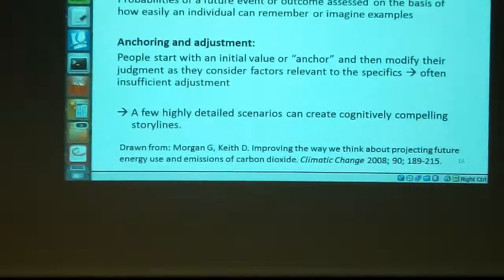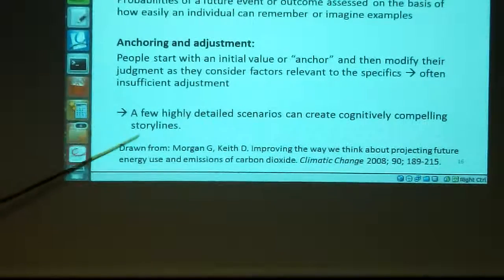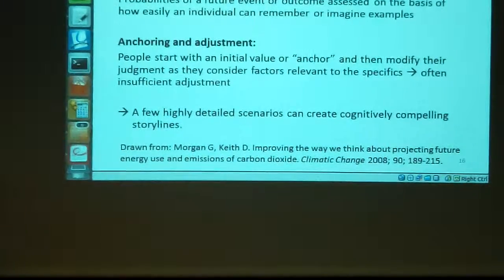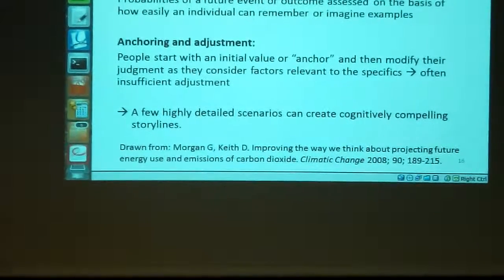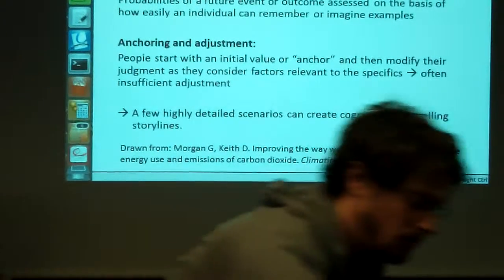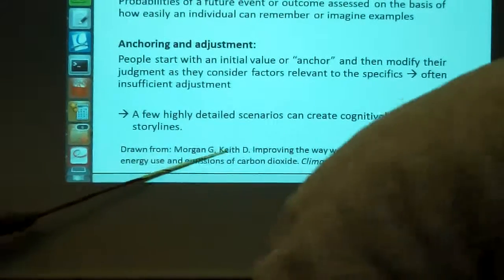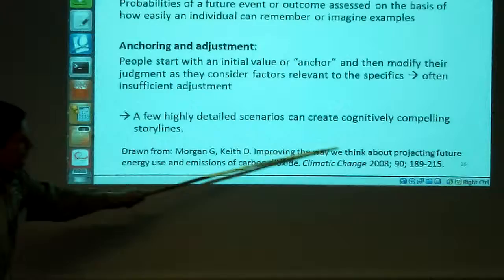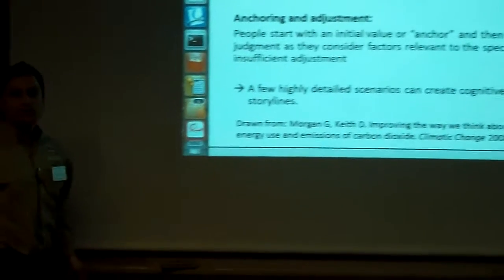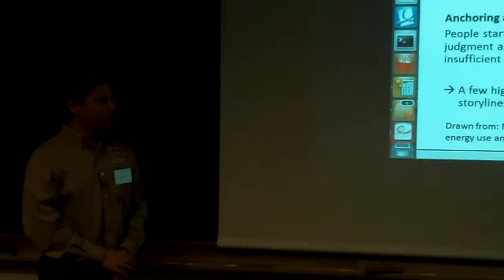What all of this means is that if you provide a few highly detailed scenarios, they can create very cognitively compelling storylines. And this is, by the way, detailed in this paper. David Keith was my PhD advisor. They go into a lot more detail about all of this.